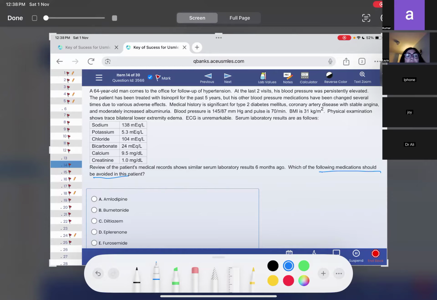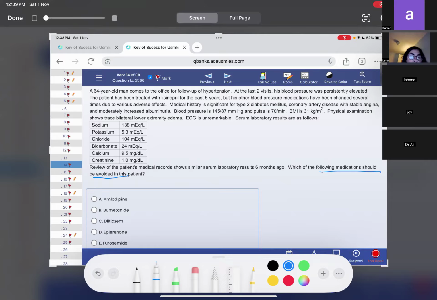Serum laboratory results are as follows: sodium 138, potassium 5.3, chloride 104, bicarbonate 24, calcium 9.5, creatinine 1.0. Review of the patient's medical record shows similar serum laboratory results 6 months ago. Which of the following medications should be avoided in this patient?